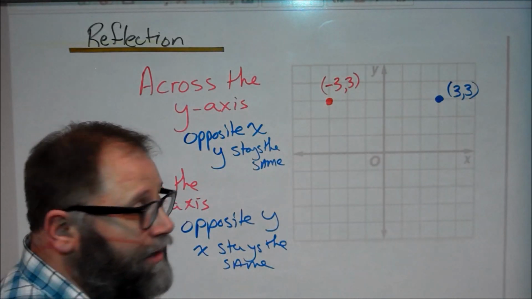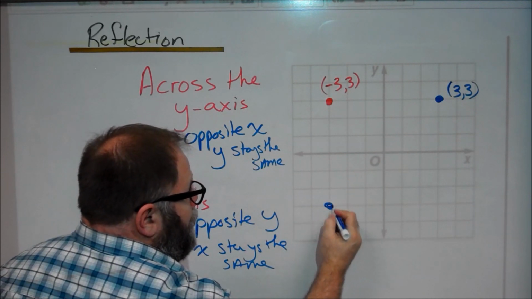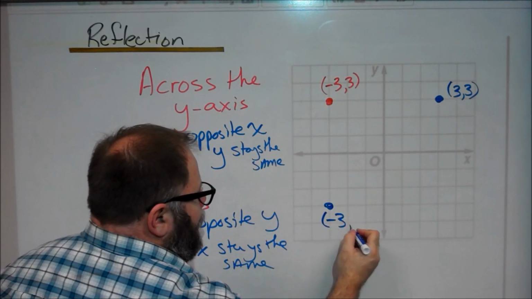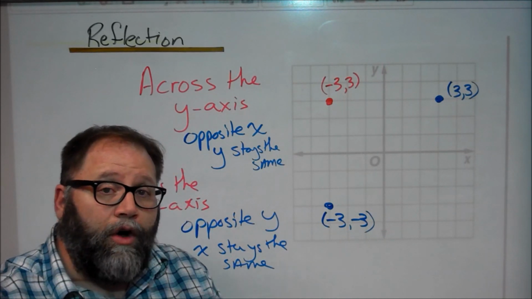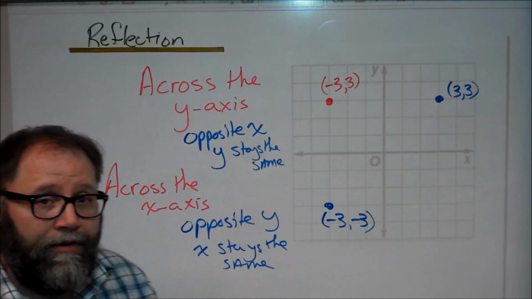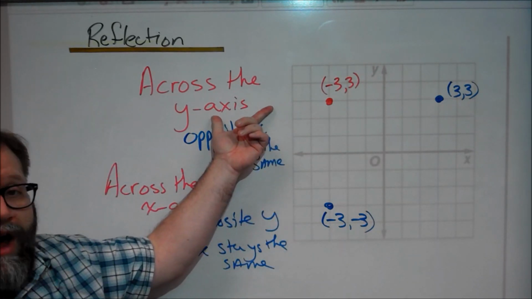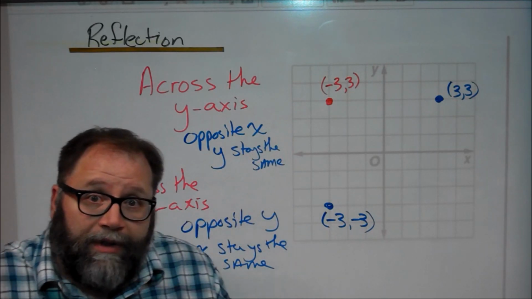Opposite y is negative 3. Negative 3, 1, 2, 3. Negative 3. And here I am at negative 3, negative 3. Okay, so opposite x for going across the y. If we're going across the y-axis, we're going with the opposite x. If we're going across the x-axis, we want the opposite y.